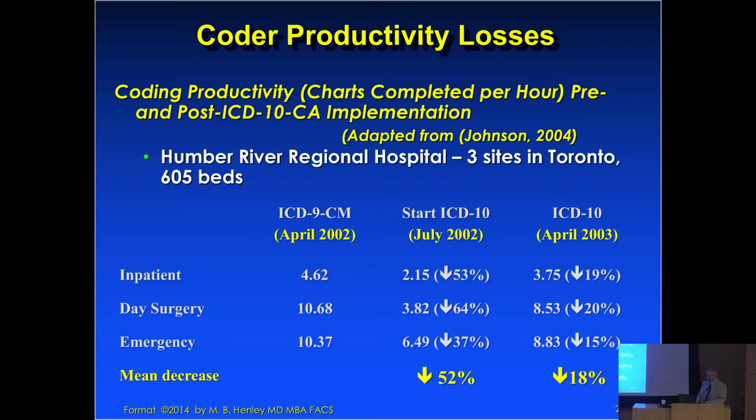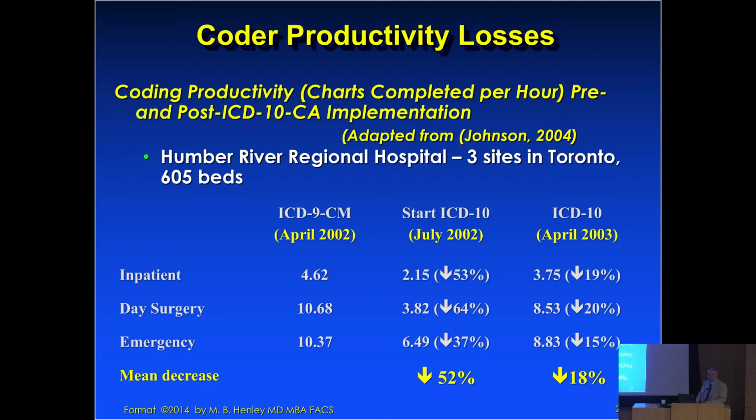The first column at the left was right before implementation, May 1st, and you can see coders who often will put anywhere from 10 to 30 different ICD codes with a given hospital discharge were able to code about 4.62 charts per hour. Day surgery 1068 and emergency room 1037. They're not as complex as inpatient admissions.